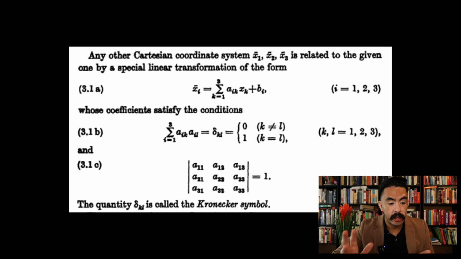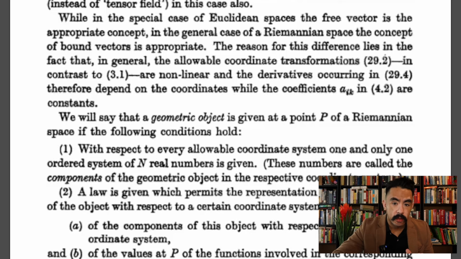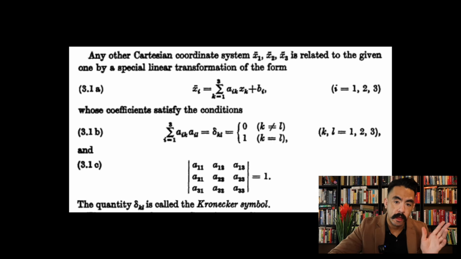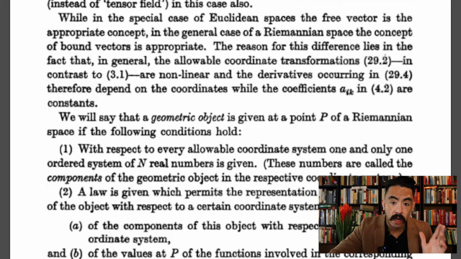So in contrast to that kind of coordinate transformation, these sorts of allowable coordinate transformations are nonlinear, and the derivatives occurring in the functions for these transformations therefore depend on the coordinates, while the coefficients a_ik given in the preliminaries section are constants.